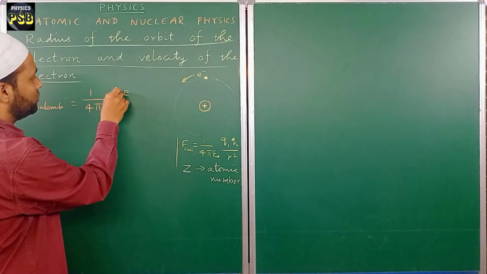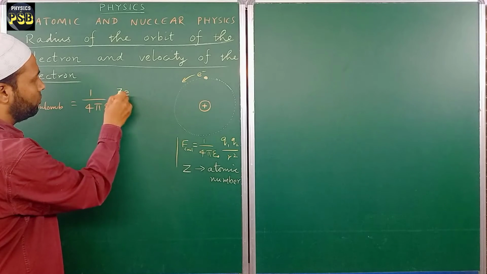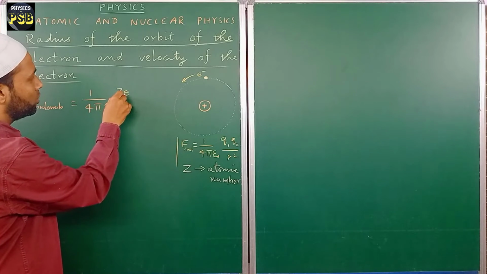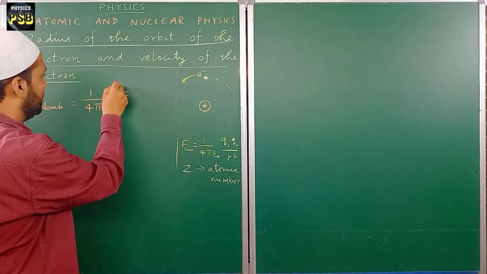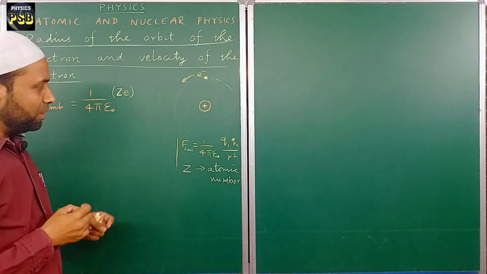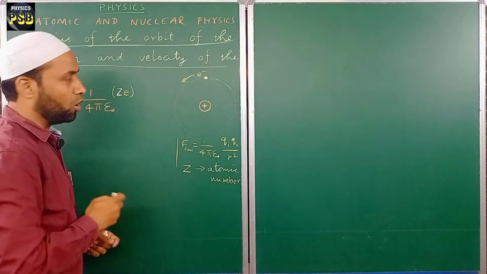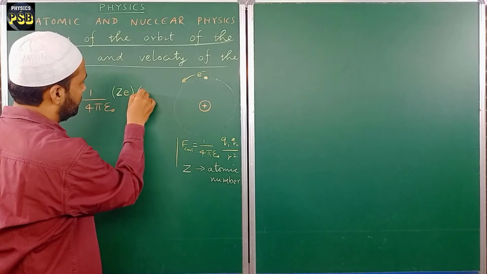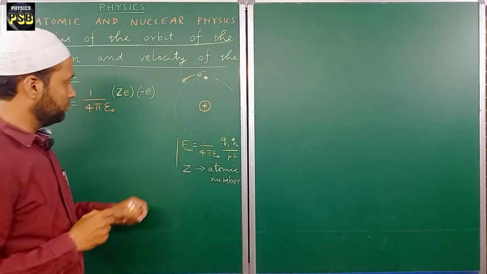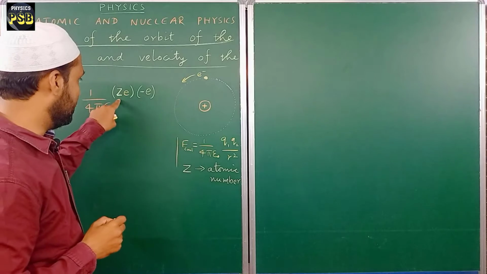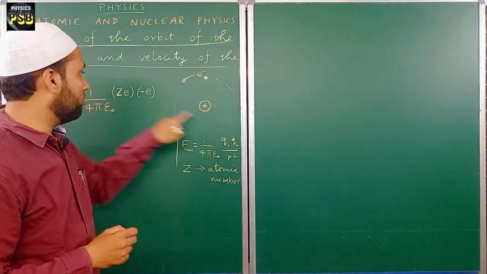So I multiply the charge with Z to get the total charge of the nucleus, which is Ze. Now it is multiplied with the charge of the electron, which is negative, so it is minus e. So in the place of Q1 I have written Ze, and in the place of Q2 I have written minus e.